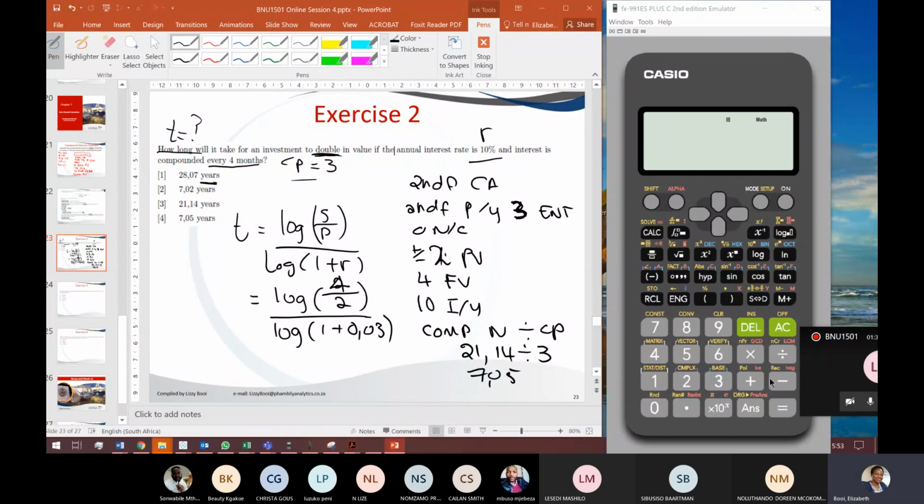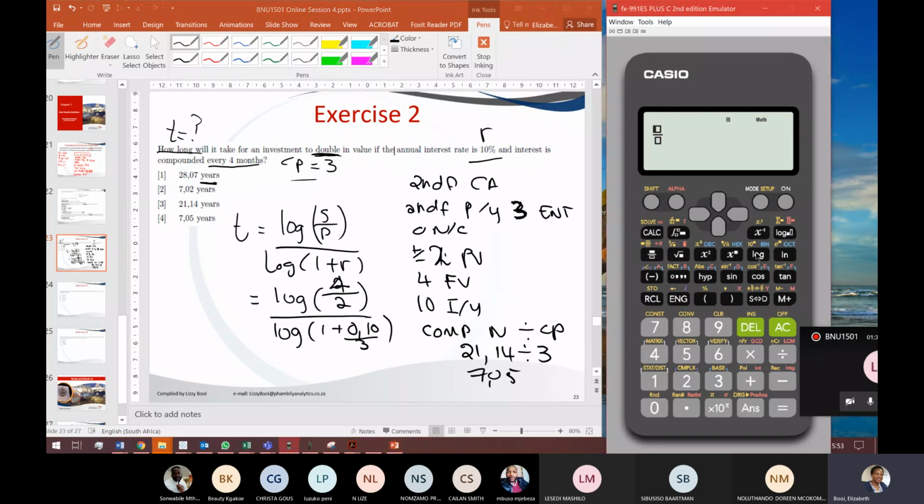I am going to use the interest as it is, which is 0.1, divided by the compounding period. 0.10 divided by 3. I'm going to use it that way on the calculator.